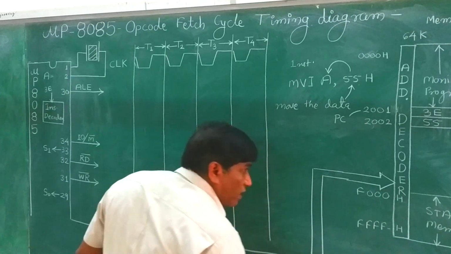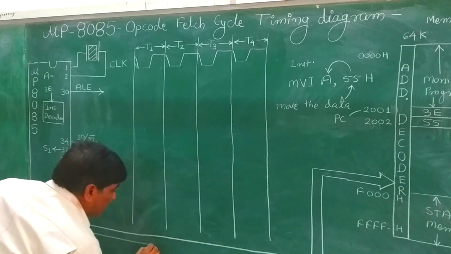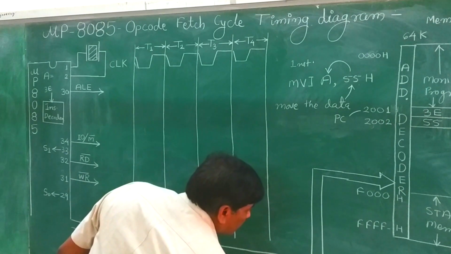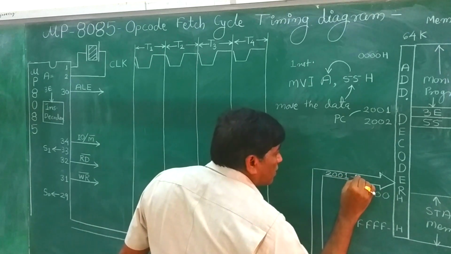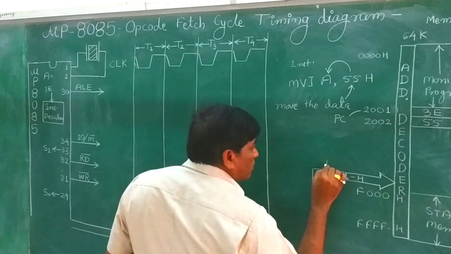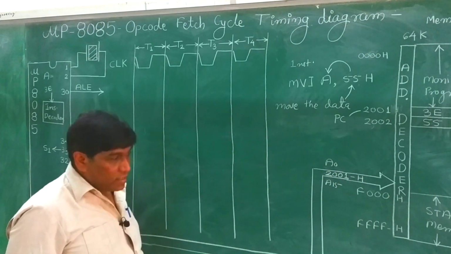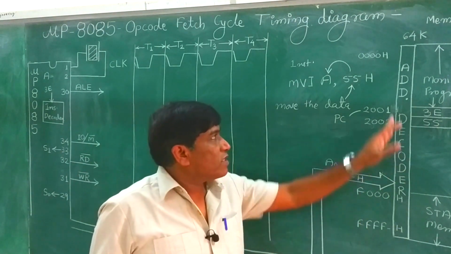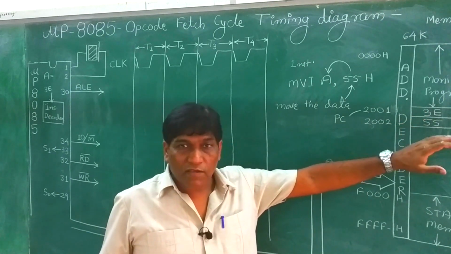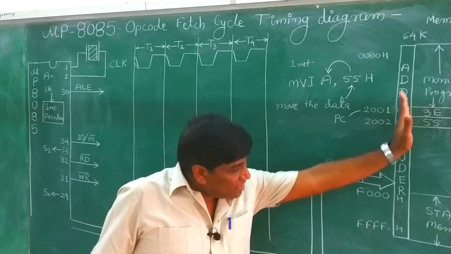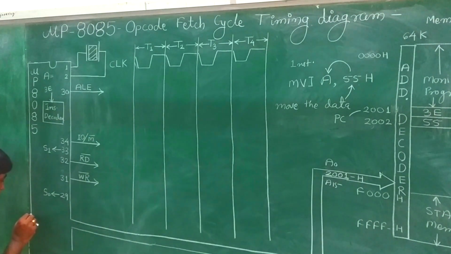For executing any program, the PC loads the starting address. In our case, 2001H will be loaded to address bus A0 to A15, and this address will be decoded by the address decoder, and this memory location will be pointed. At this location we have 3E, which is the opcode for MVI A, and this will be transferred via the data bus to inside the microprocessor.